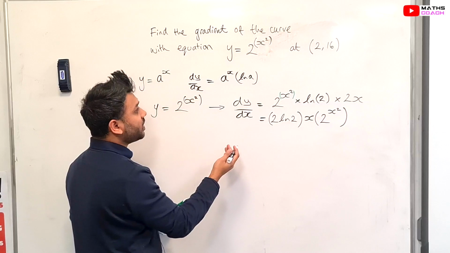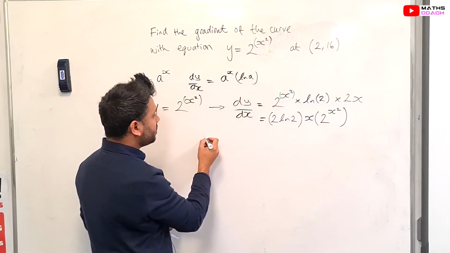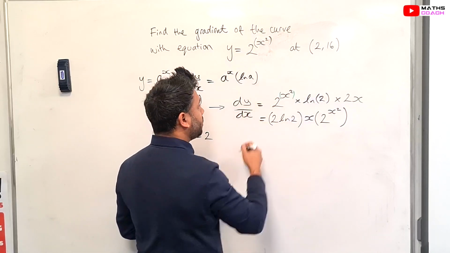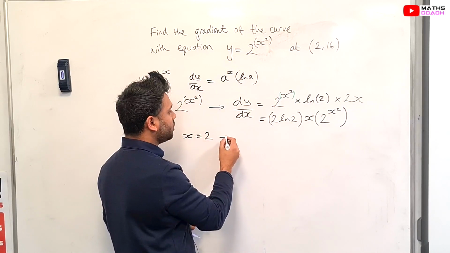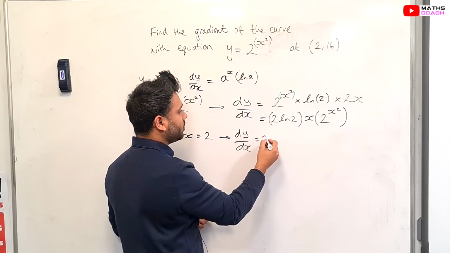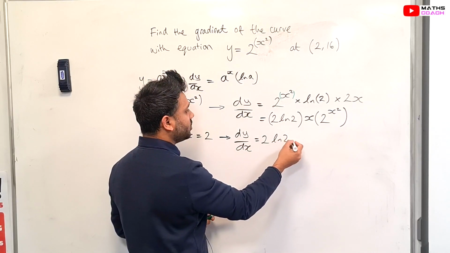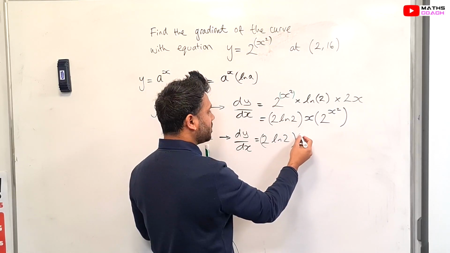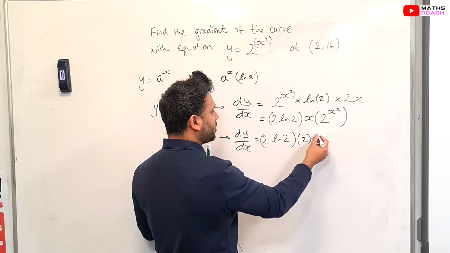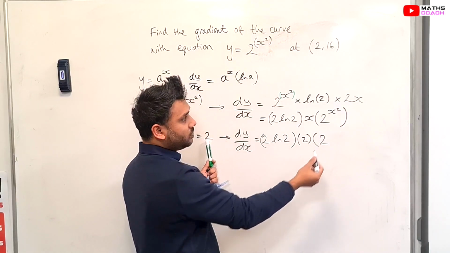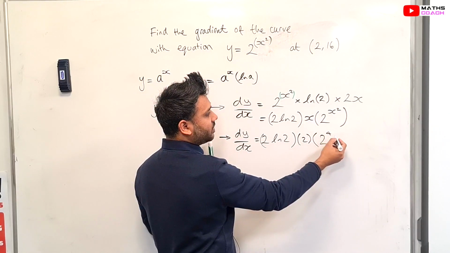All right, so we want to work out the gradient at this coordinate. So we have x equals 2 in that coordinate. So substitute this into dy by dx. Gives you 2 times ln 2, which is our constant here, times 2 again, so x is equal to 2, times 2 to the power of x squared. x is 2, so 2 squared will give us a 4 there.